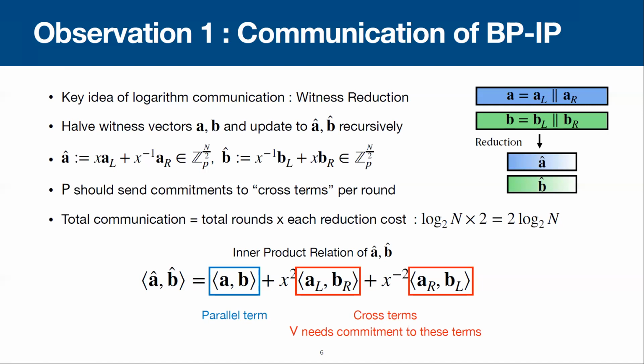The half witness vectors A and B are updated to A hat, B hat recursively, and A hat, B hat are updated by the following formula. The prover should send commitments to cross terms. I notify this formula: cross terms per round. So the total communication of BPIP is total rounds times each reduction cost, which is 2 log n.